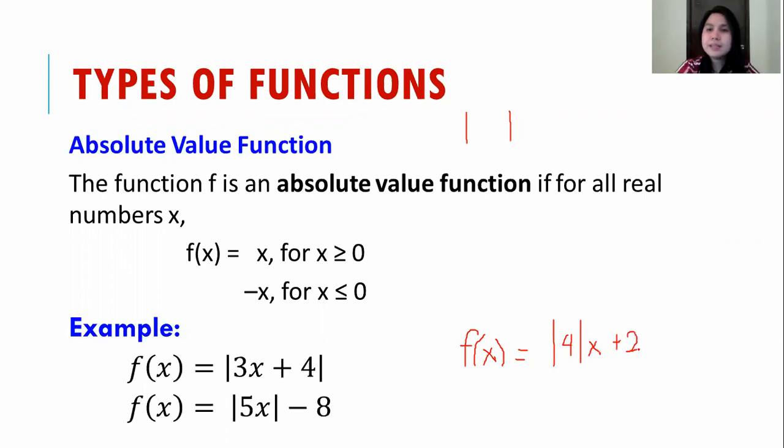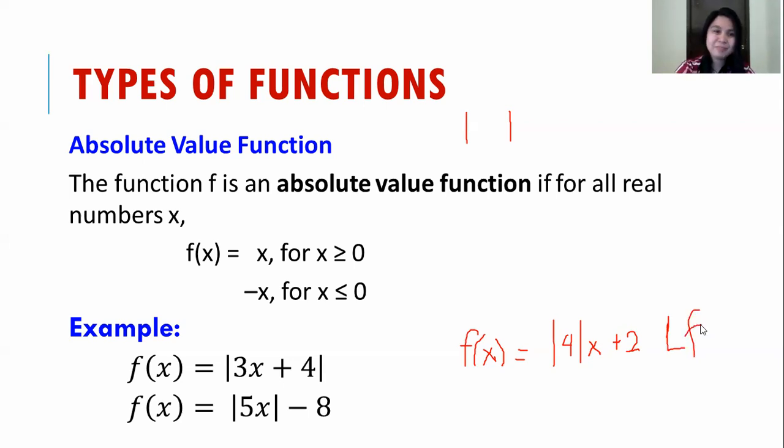There. Now, if you'll see, we have an absolute value bar, but only the number is inside. The variable is outside. Therefore, this is not an absolute value function. Instead, this is just a linear function.